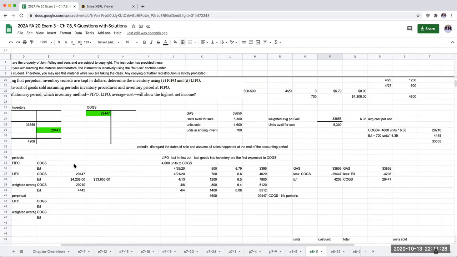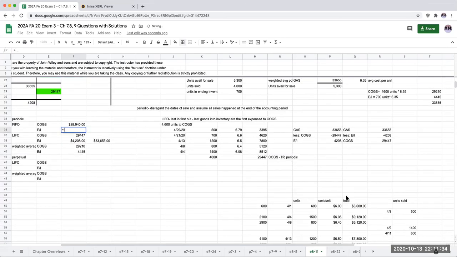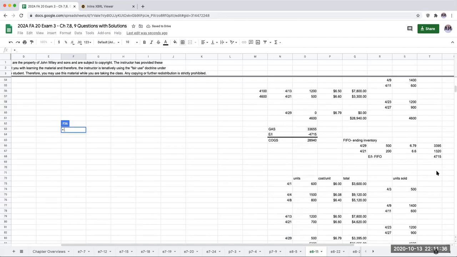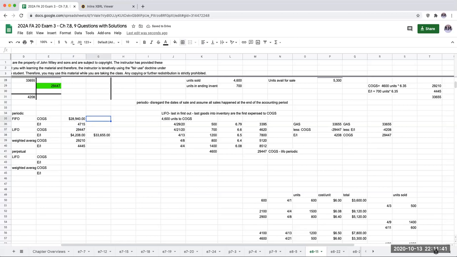Okay, so periodic FIFO is going to be 28,940. And my ending inventory is going to be right here at 4,715. And again, when I add these numbers up, these all have to equal the magic number of my goods available for sale.